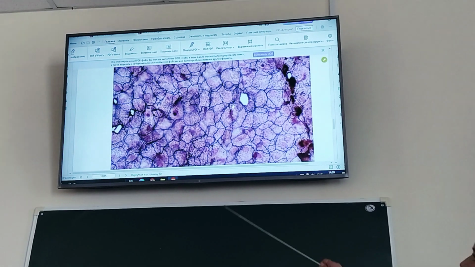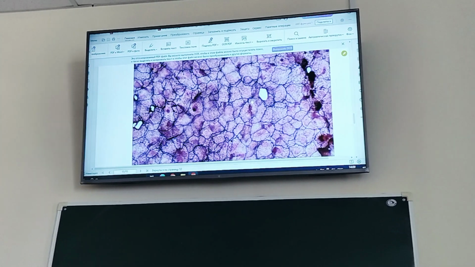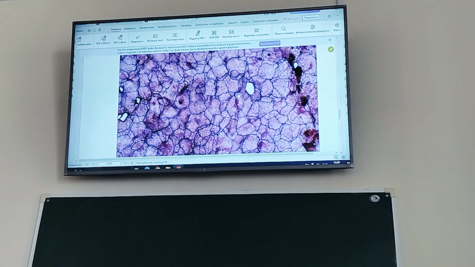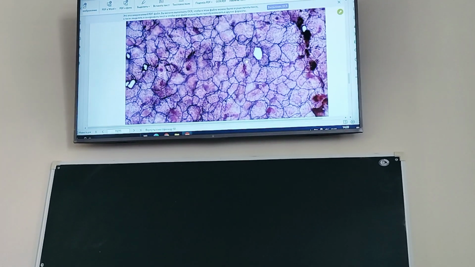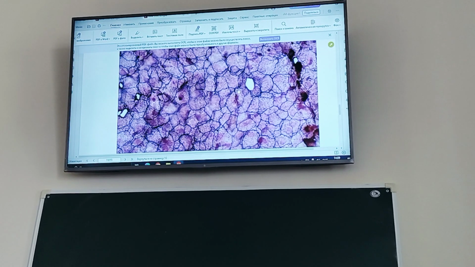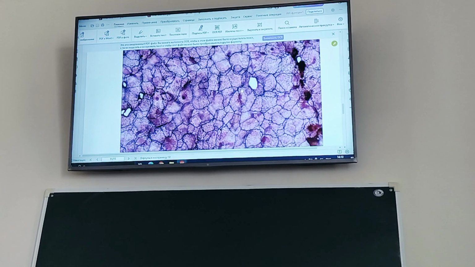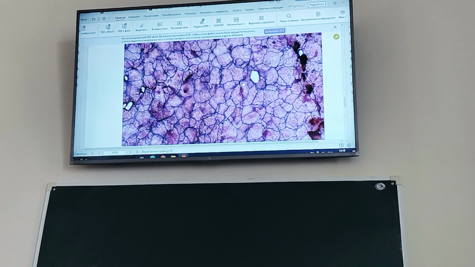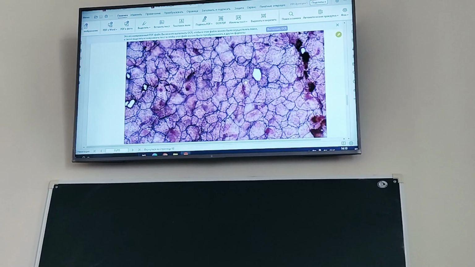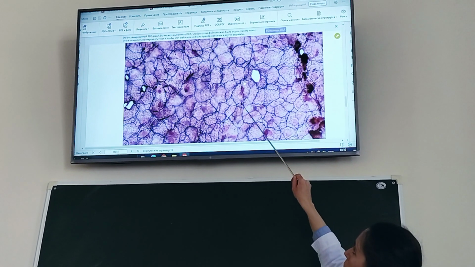Cells are tightly bound to each other with zipper-like or zigzag-like borders. Another distinguishing feature is the regular shape, generally polygonal.